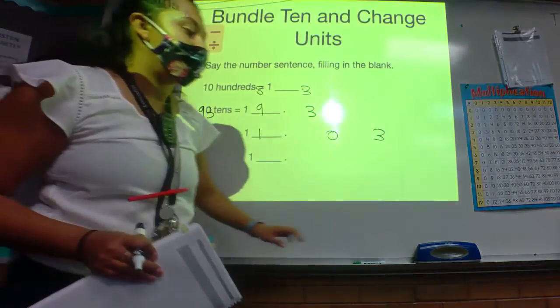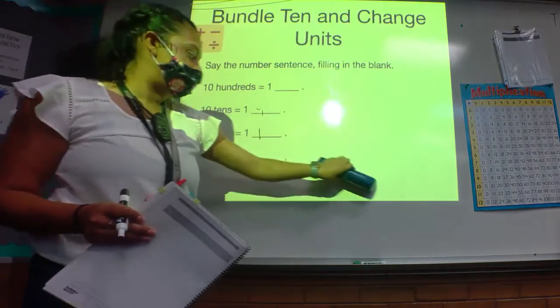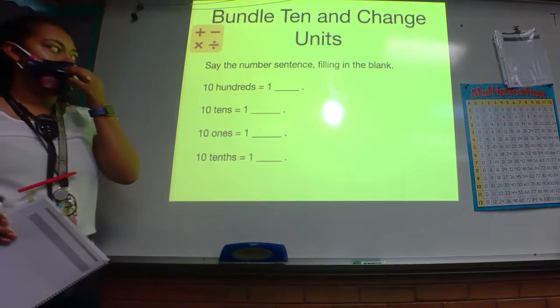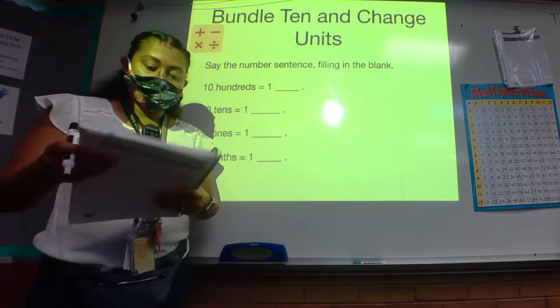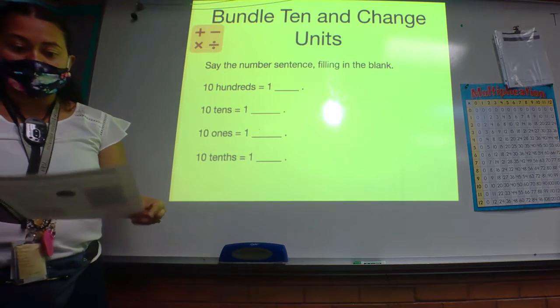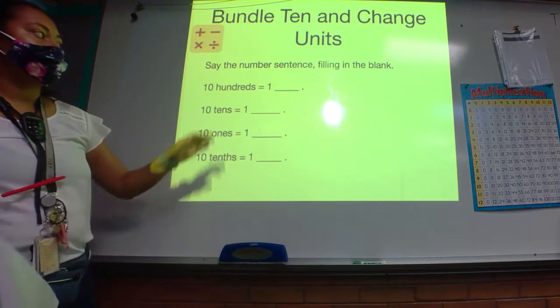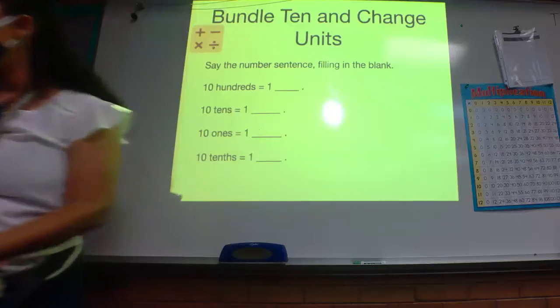Next one is bundle 10 and change units. Bundle 10 and change units, okay? So we're going to say the number sentence and then fill in the blank when we say the sentence. So this first one says 10 hundreds is equal to blank or is equal to 1 blank.